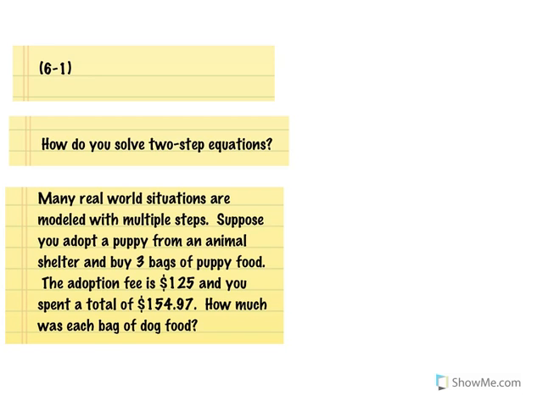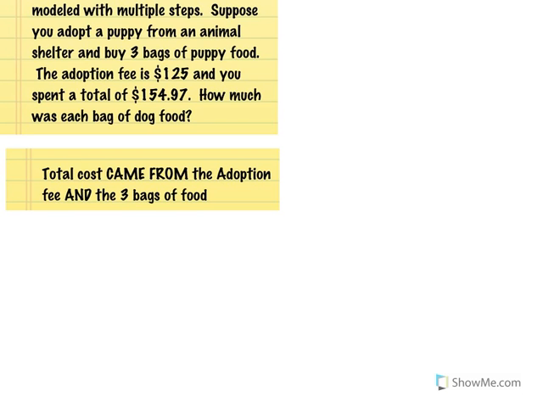So let's take this example and take it from the story form to a simpler linear form, and then we'll make it an equation. We have our total cost, we have our adoption fee, and we know we bought 3 bags of food.